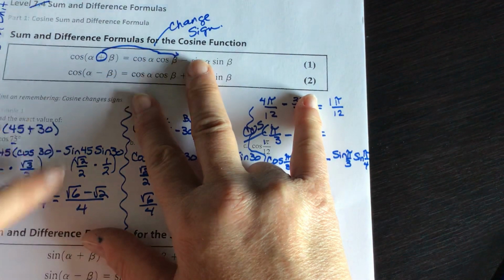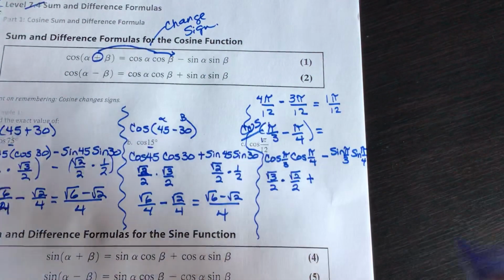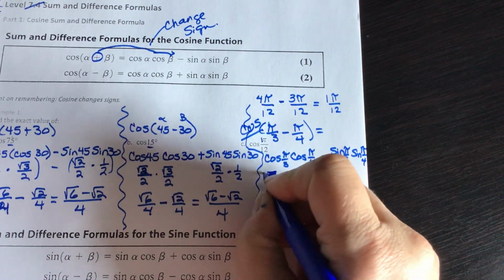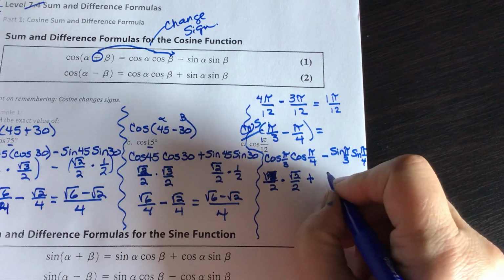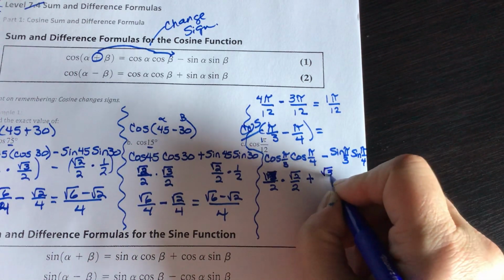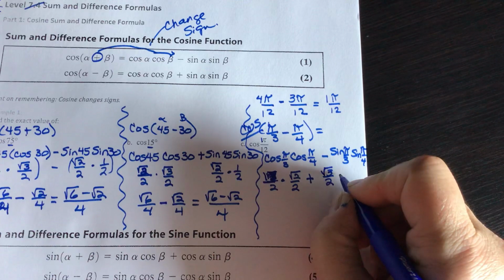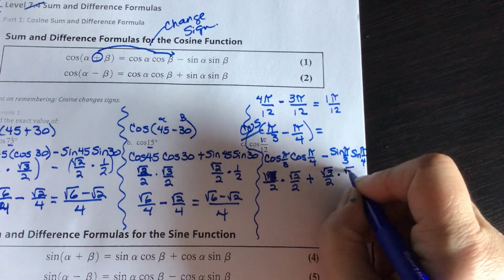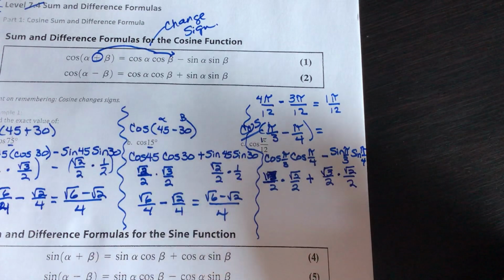And this way would be sine, so this is 1/2 here. And sine is square root of 3 over 2 times square root of 2 over 2.